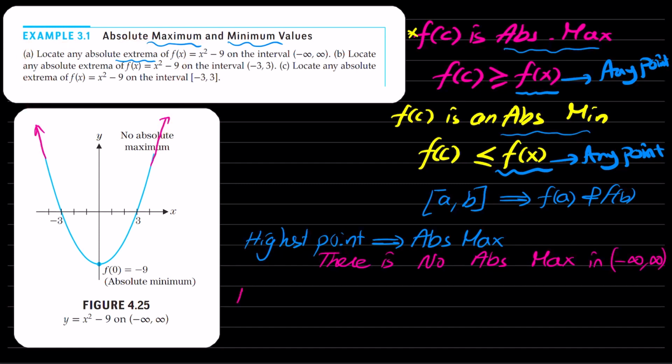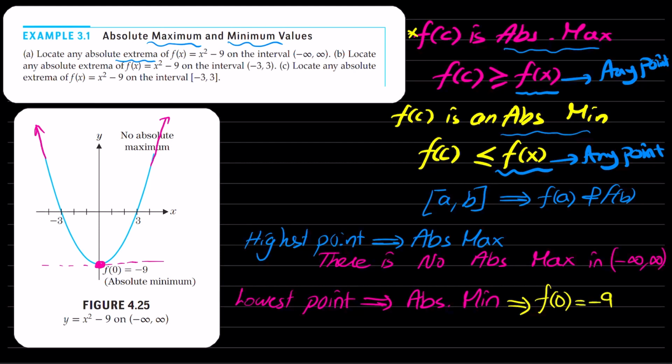Now we are searching for the lowest point, which we call the absolute minimum. If you look here, this is the lowest point. It is f of 0, which is equal to -9 in the interval minus infinity to infinity.